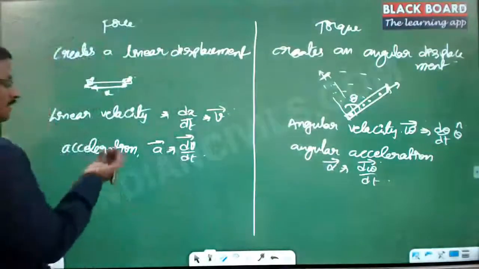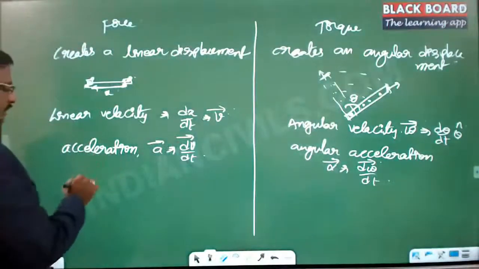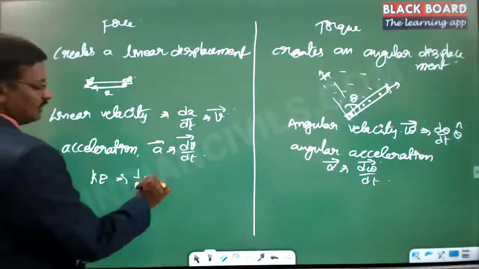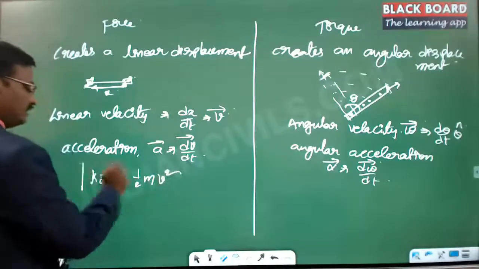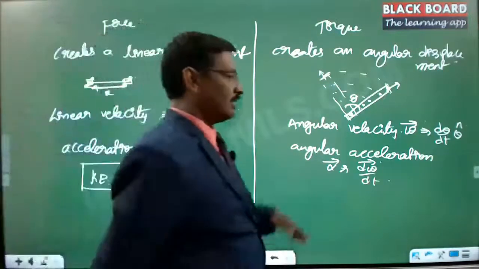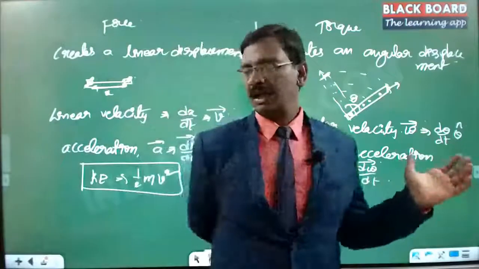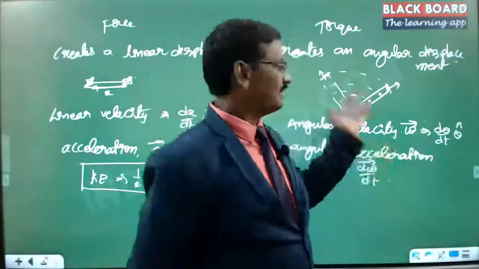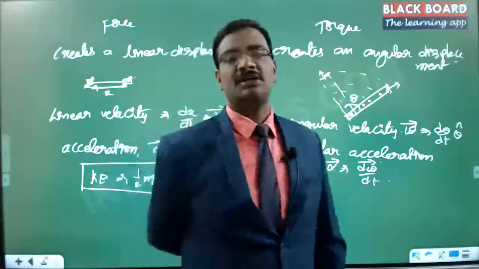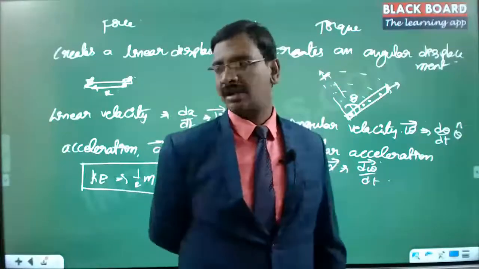And here we have the energy. So kinetic energy is equal to half m v square, and this is the kinetic energy generated in moving the particle because of the velocity. And here also we have the angular velocity, and that angular velocity will generate the angular kinetic energy, right? The energy does not have any particular direction because it is a scalar quantity.